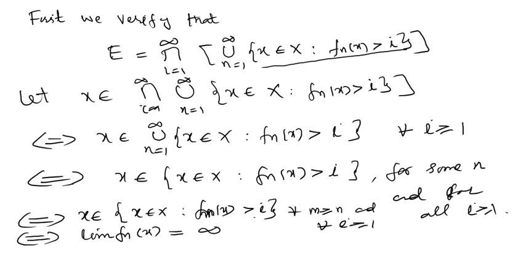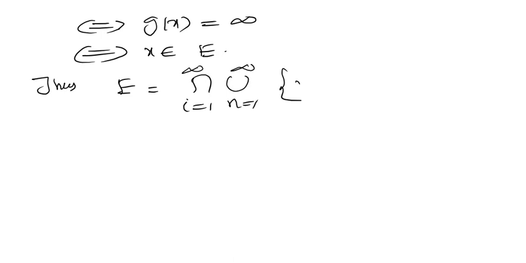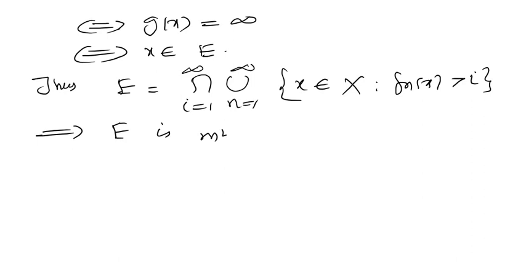Okay, so that means g of x is infinity, and this is true if and only if x is in E. So E is equal to the intersection, i runs from 1 to infinity, then union, n runs from 1 to infinity, of the sets x belongs to X such that fn x is greater than i. Which implies that E is measurable.